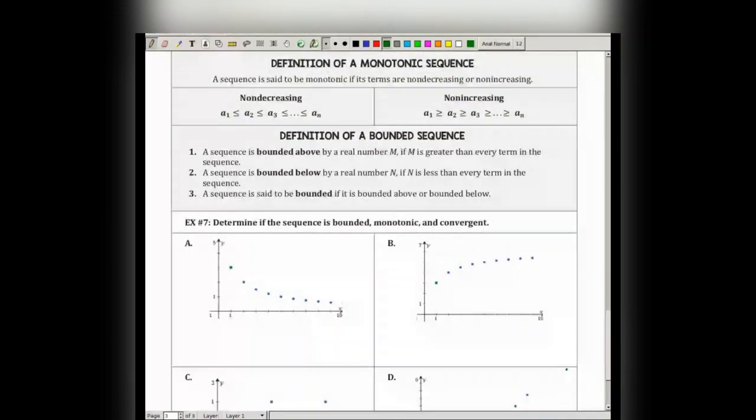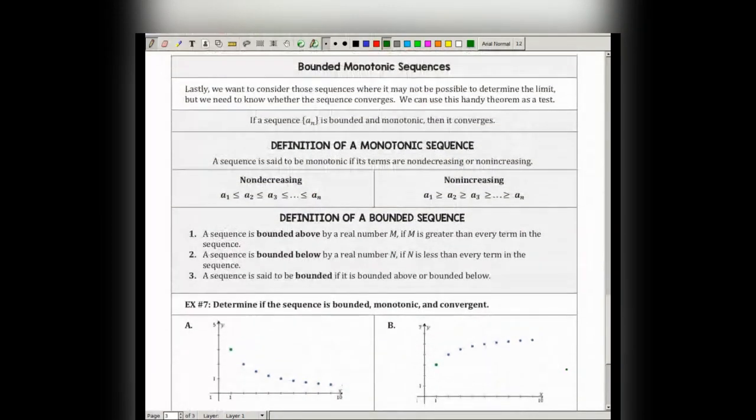Okay, so let's look at some of the definitions here. We have the following theorem, which is very handy. If a sequence a_n is bounded and monotonic, then it is going to converge. So what do I mean by monotonic?